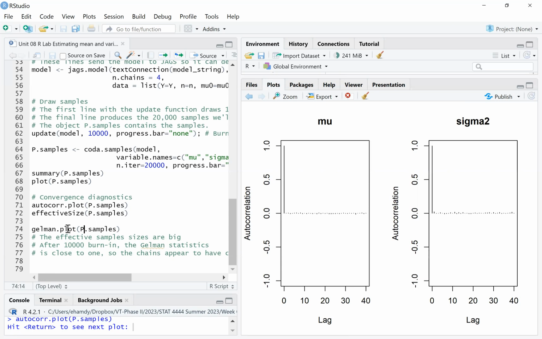And we can also check the convergence using the Gelman-Rubin statistic.